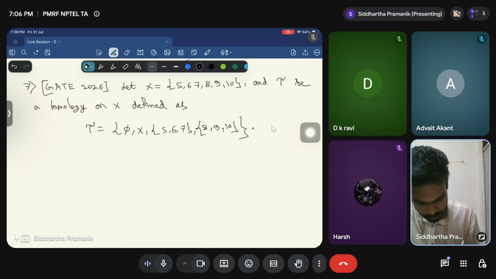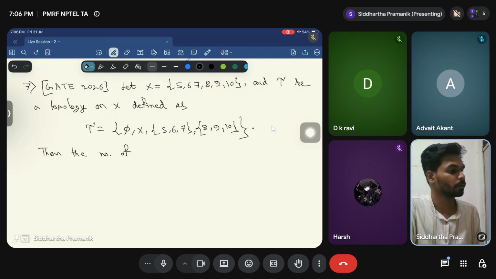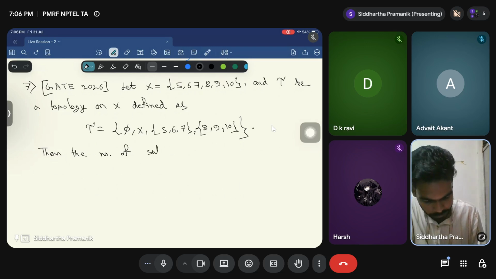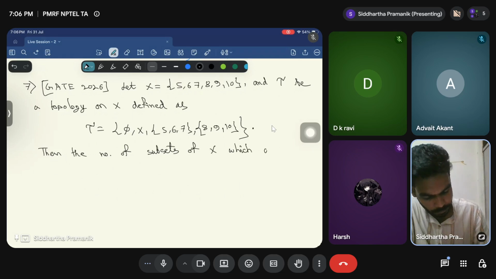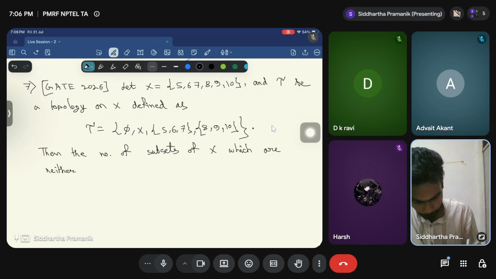Then the question is, the number of subsets of X which are neither open nor closed. So what will be this number?